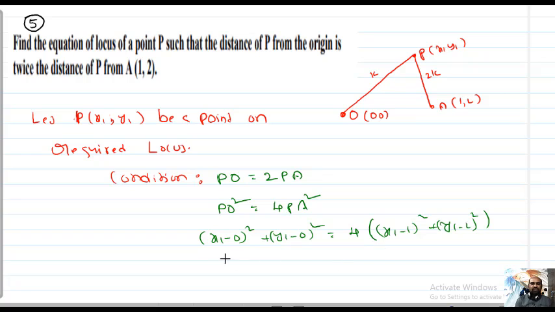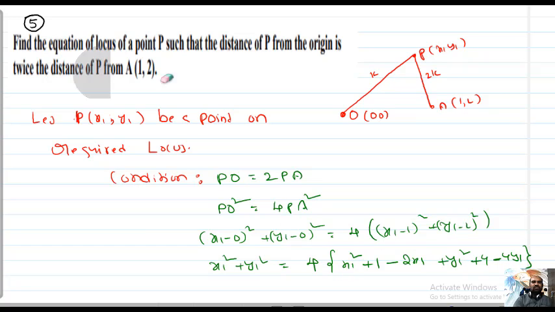Just to simplify this, x1 square plus y1 square equals 4 times (x1 square plus 1 minus 2x1 plus y1 square plus 4 minus 4y1).